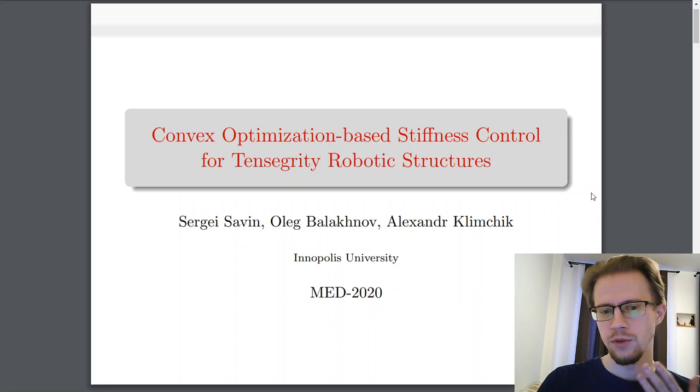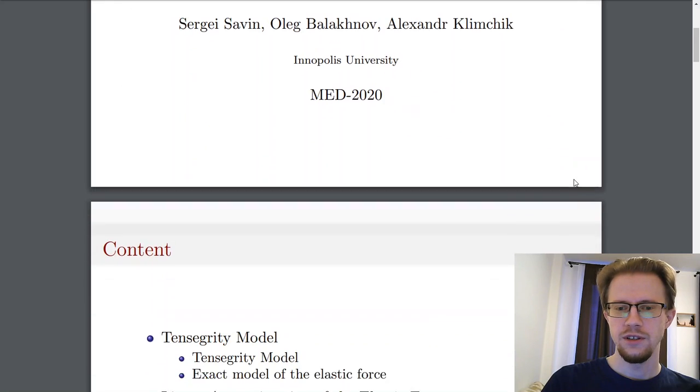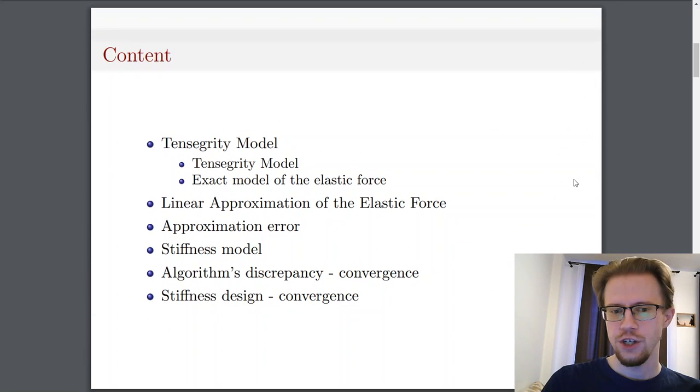The paper is about a convex optimization based method for stiffness design for a tensegrity robotic structure. So what is it all about? Well, in this presentation, we'll first discuss tensegrity models.